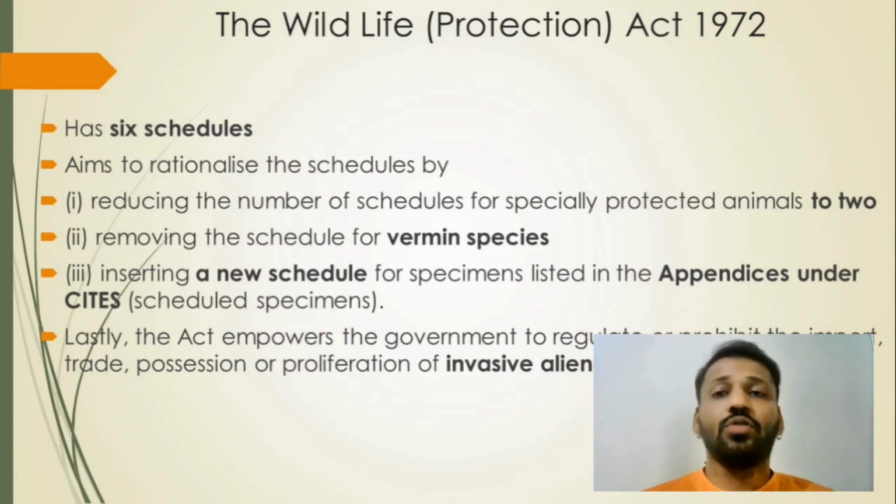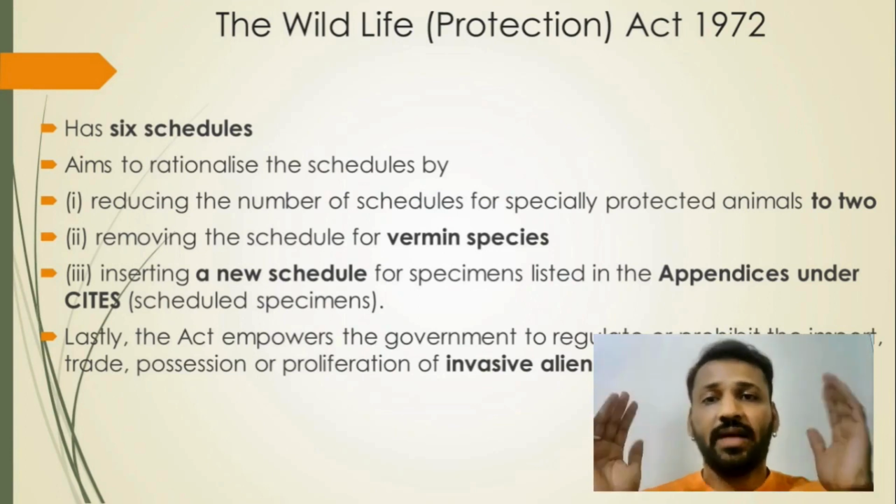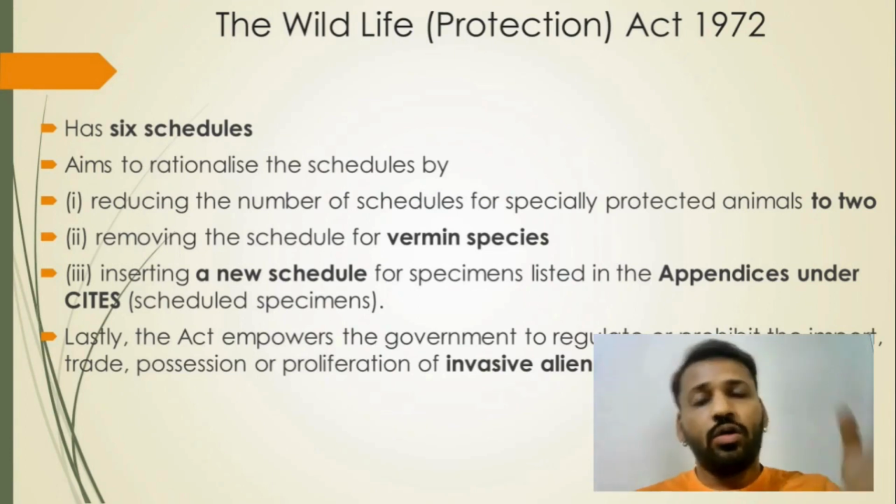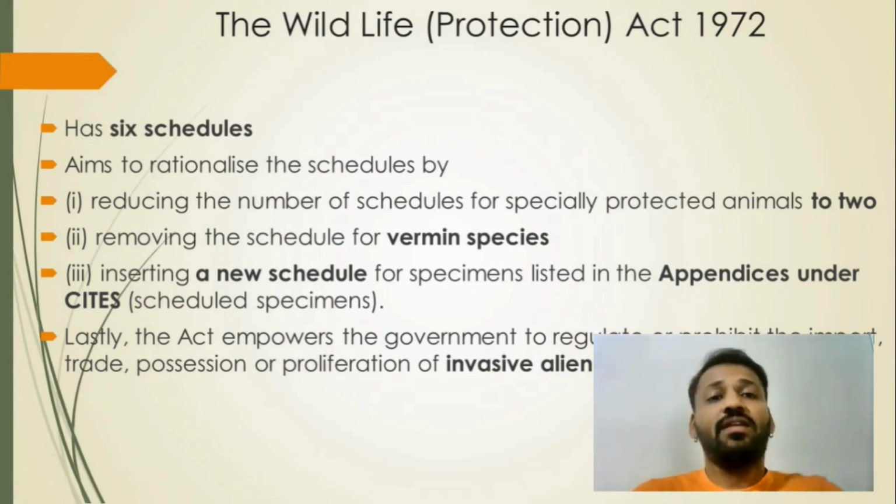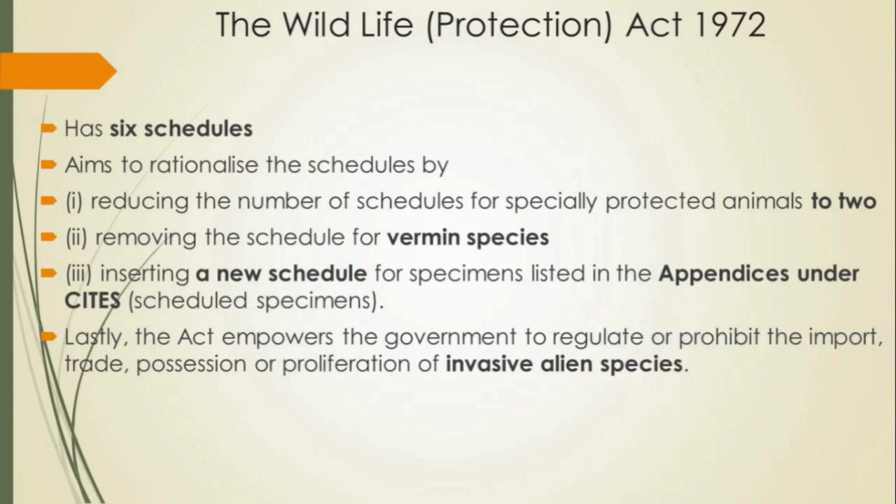Also, the international trade or smuggling of these wildlife animals, we have to reduce it. So the government of India has tried to insert a new schedule for species whose international trade is very, very active. And in the end, this act tries to prohibit the import, trade, possession and proliferation of invasive alien species.